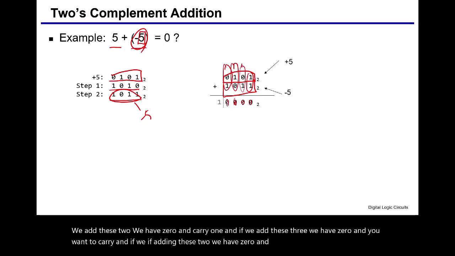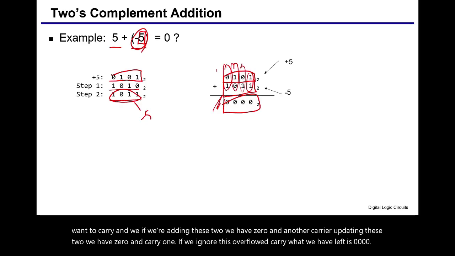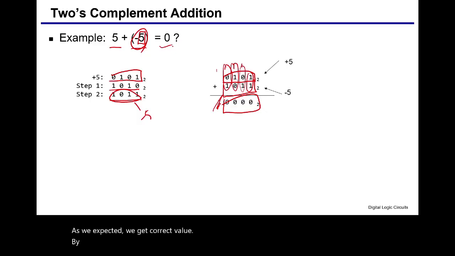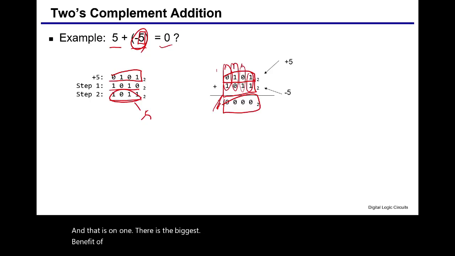After adding these two, we have 0 and carry 1. If we ignore this overflowed carry, what we have left is 0, 0, 0, 0. As we expected, we get the correct value from adding the two numbers, regardless of whether the number is positive or negative. And that is the biggest benefit of using two's complement system.